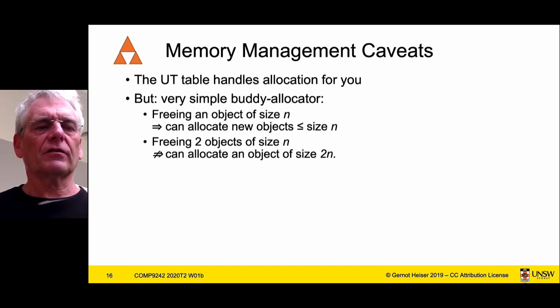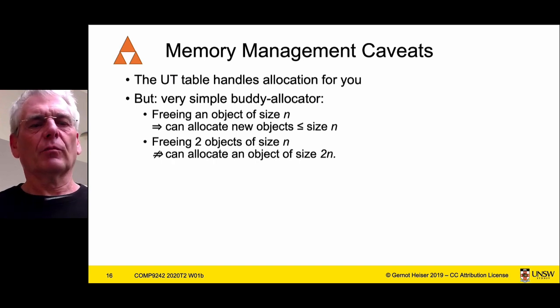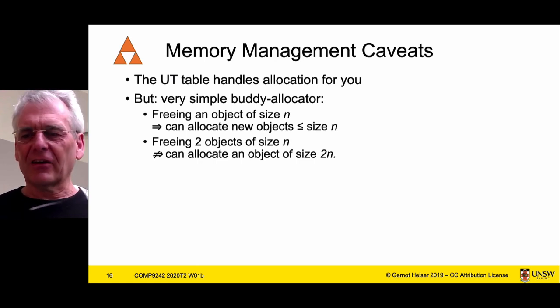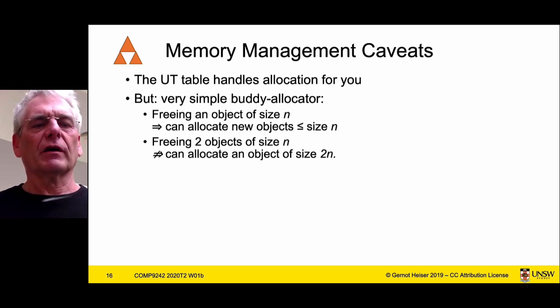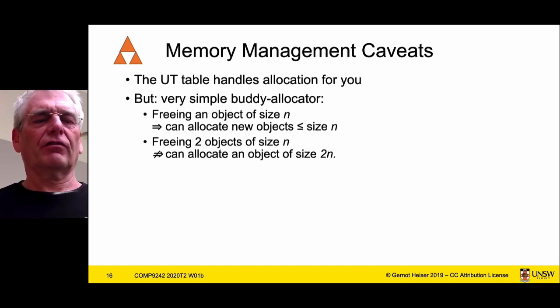In particular, it means if you free an object of a particular size, then you can afterwards allocate an object of the same size. But if you free two objects of the same size, there's no guarantee that afterwards you can allocate an object of twice that size. The buddy allocator obviously has internal fragmentation issues, and you need to be aware of that.